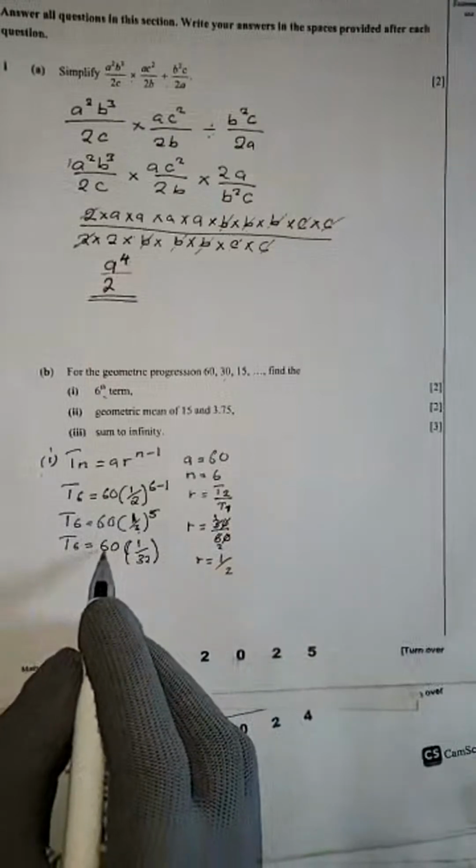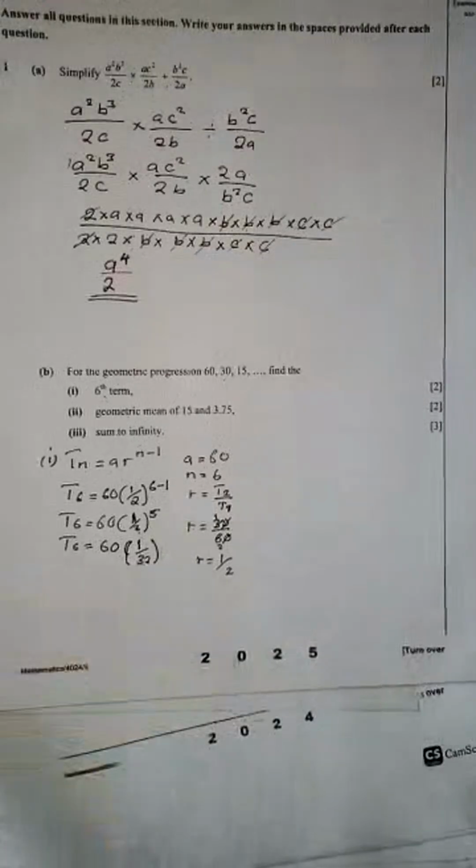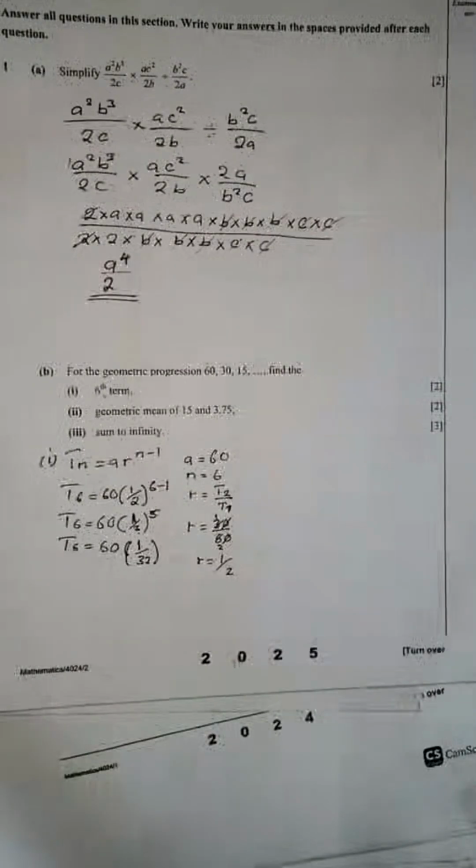This is 60 times 1 divided by 32. So you can just say 60 over 32. Okay, on your calculator nicely. 60 over 32.